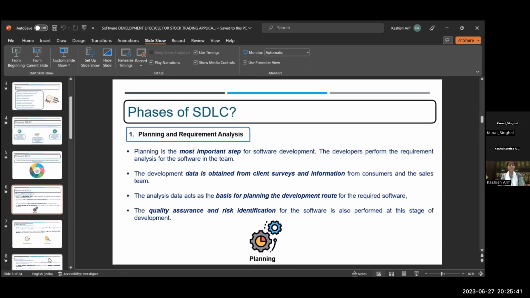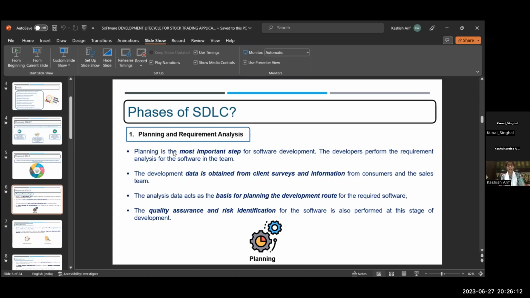So, what is planning and requirement analysis? Planning is the most important step for software development. The developers perform the requirement analysis for the software in the team. The first phase of the SDLC is the project planning stage, where you gather all information from business requirements or projects. The data is obtained from the client, and service information from consumers and the sales staff.